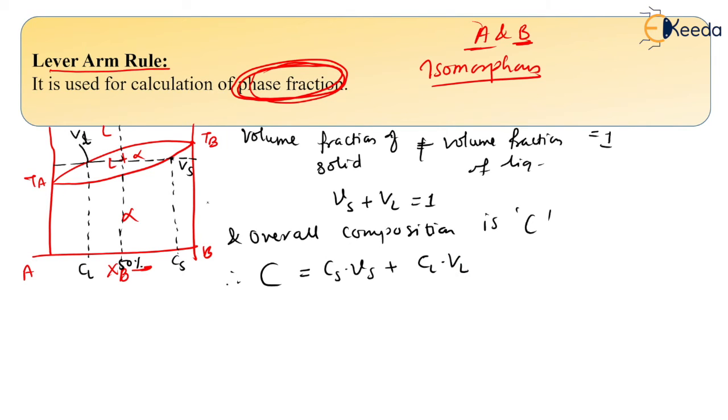So therefore, the mass fraction of element B in the alloy will be how much?